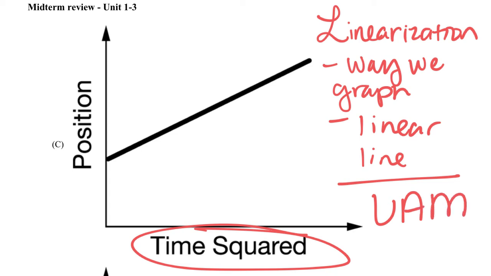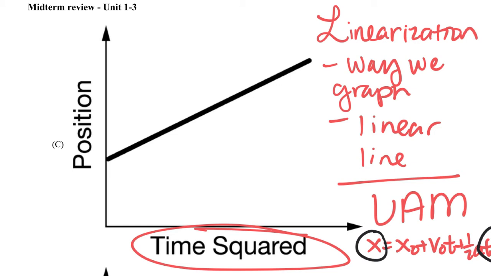So our UAM equations, let's look at that. We know that a UAM equation that has position and time in it is going to be x equals x naught plus v naught t plus 1/2 of acceleration times t squared. So this equation has not only time squared in it, but it also has position.